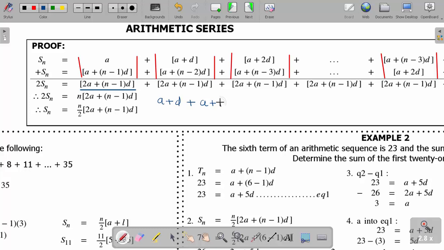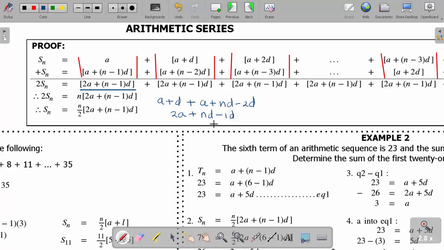What about d times negative 2? It's minus 2d. Can I collect like terms, please? What is a plus a? I get 2a. What about d minus 2d? I get minus d. So this is nd, but d minus 2d gives me minus 1d.